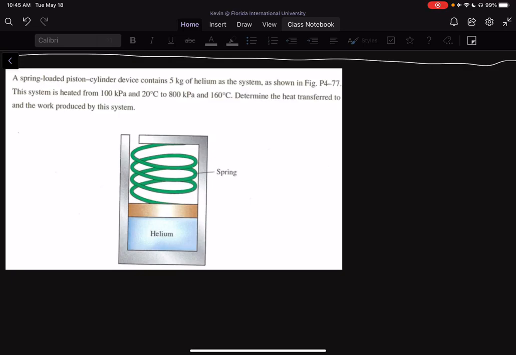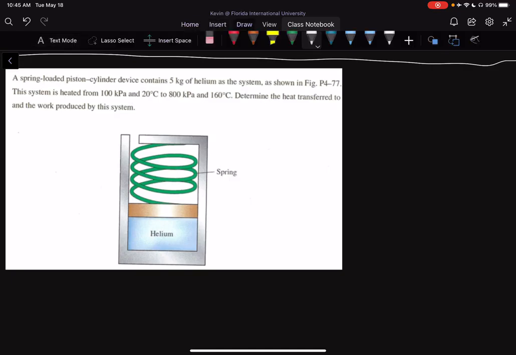Okay, so same process as before. First, we can make some assumptions. We're going to assume ideal gas because we have helium, and we're going to assume that delta KE and delta PE are both equal to 0.